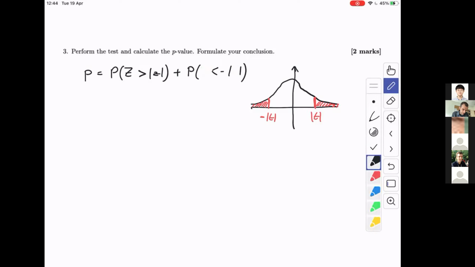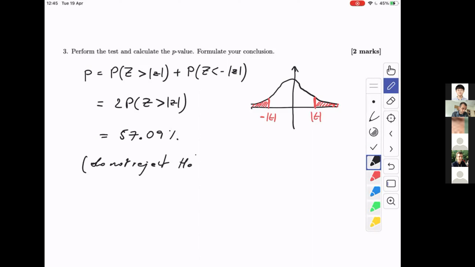Z, Z, Z, Z. And by symmetry, I can write it as 2 times the probability that Z is bigger than the absolute value of Z. And now if you plug in the numbers, and here you have to use your table, then you should find that you get about 57.09%. So we do not reject H naught.